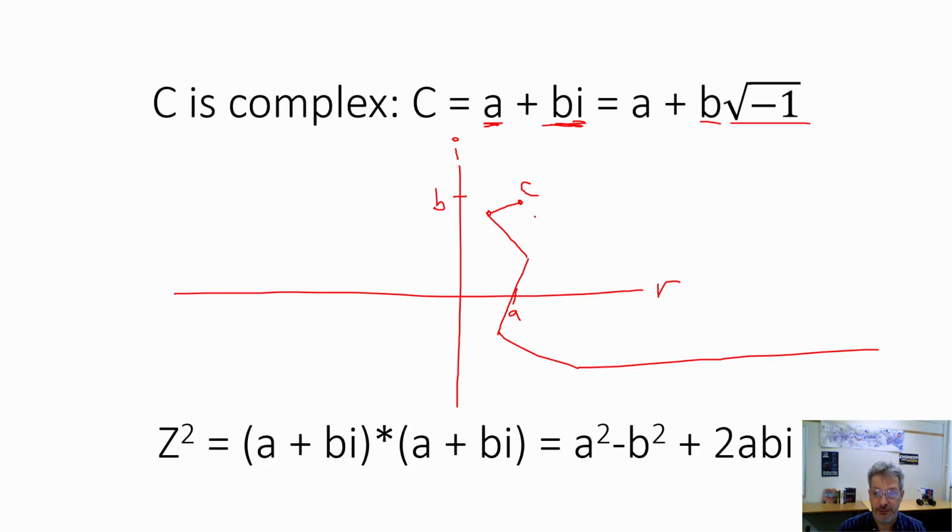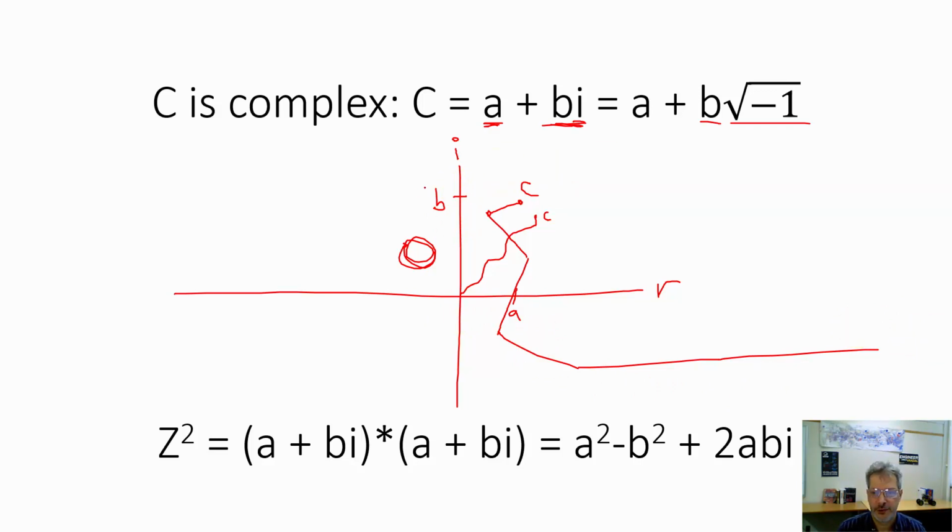Or for a different value of C, if we start with some other number, maybe it heads in towards 0, in which case it doesn't diverge and it is part of the set. Or there are other behaviors that you might see. For some starting values, it might oscillate and then it doesn't diverge. Or for other values, it might follow some chaotic pattern around the plane. But basically, we're looking at each point: does it stay constrained or does it go off to infinity? And we color them appropriately.